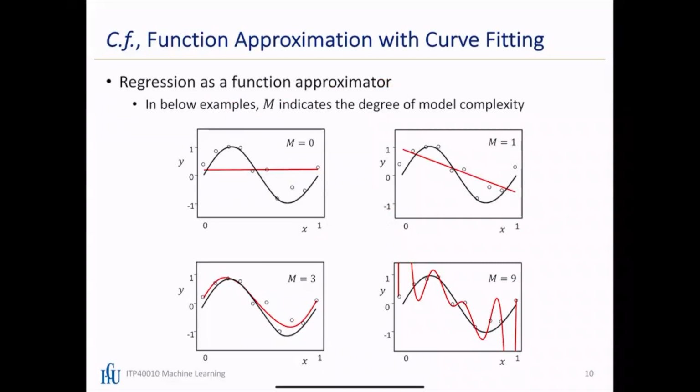There could be multiple possible shapes of the line. You can think of a line that is parallel to the x-axis, which is given in the first diagram.